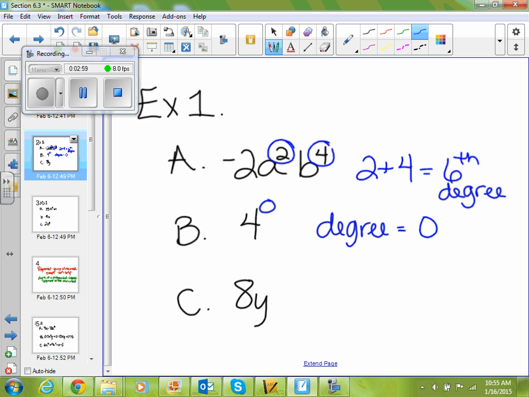And then if I look at 8y, there is no exponent up here, but when there's no exponent for letters, that means there's a degree of 1. It means there's an invisible 1 up there. So this has a degree of 1, which we also call a first degree polynomial.